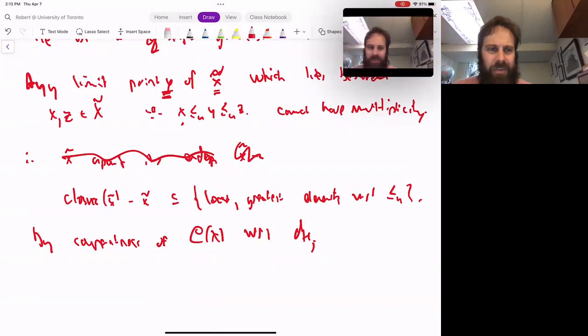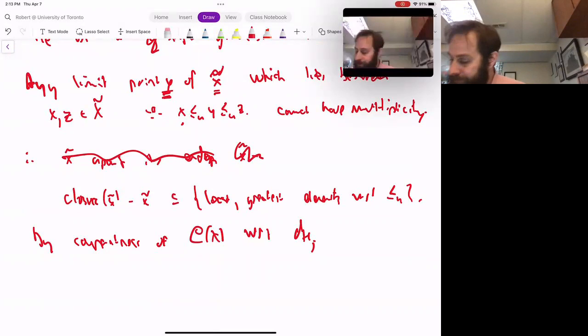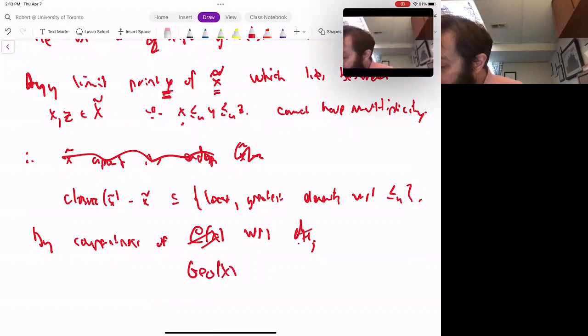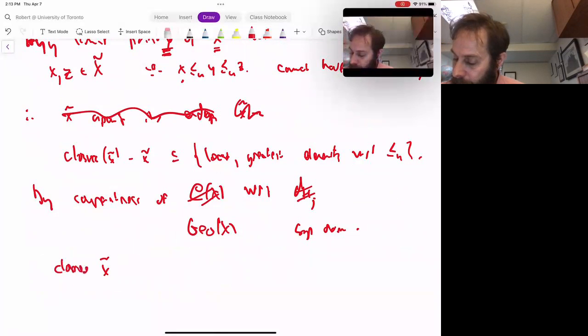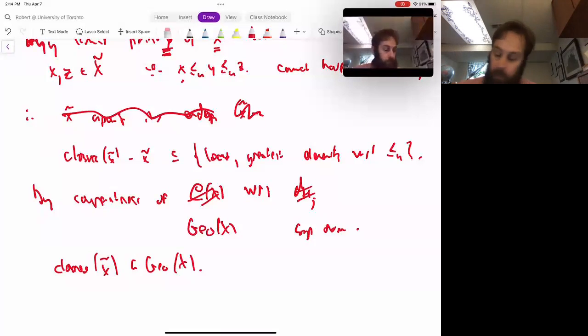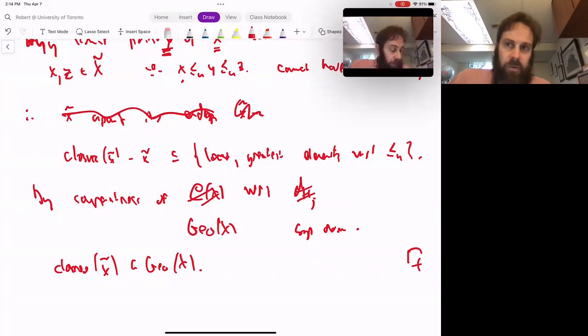Maybe what I'm really using is compactness of the set of geodesics with respect to the sup norm. Okay, so great, so we're in good shape.